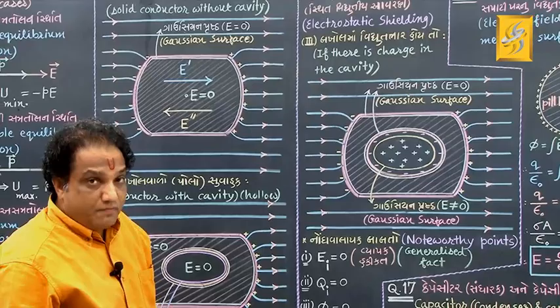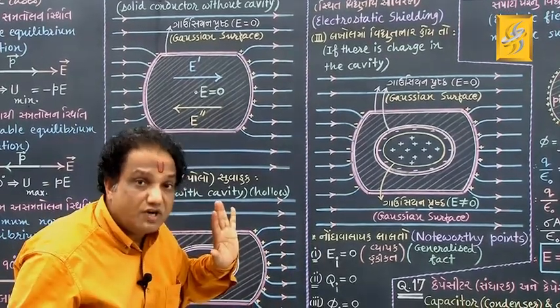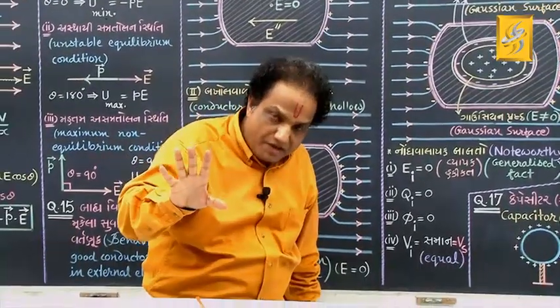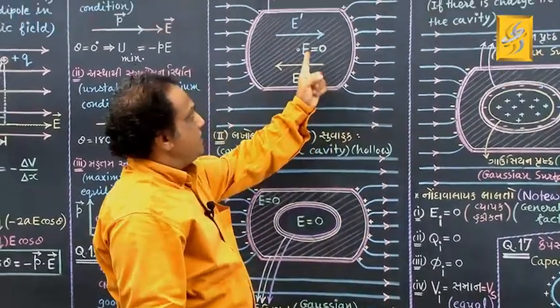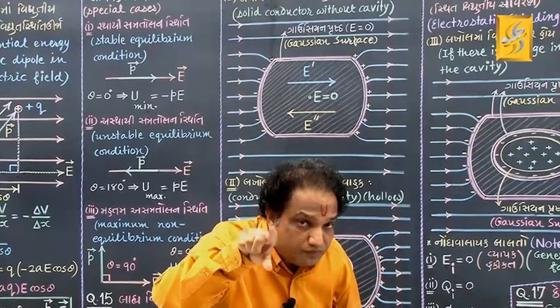Have you noted one point common in all the three sections of the discussion? What is the common point? Whatever the physical situation may be, in every case, the electric field inside the metallic conductor is always 0.